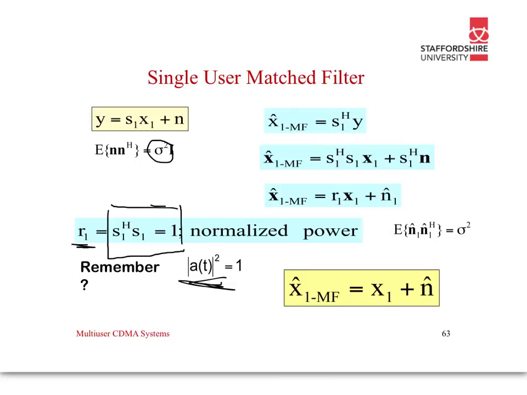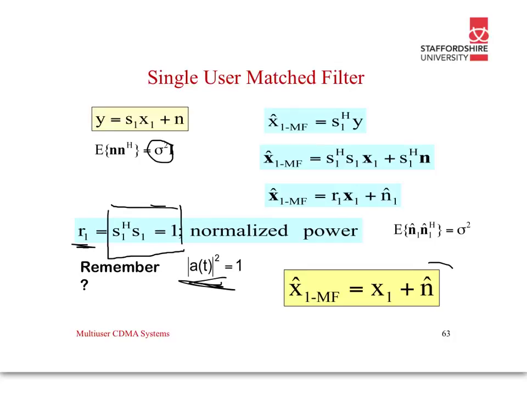It's the normalized power. So R1 should equal 1. So X1 at the matched filter should equal the original X1 plus our noise. At the output, we have X1 plus some noise, and that's the decision of the matched filter.